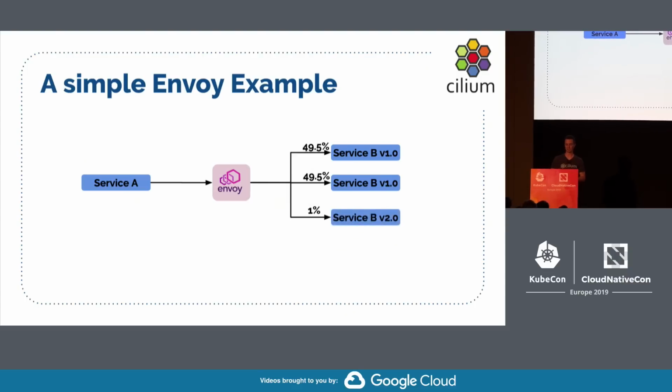You start sending 1% of the traffic to service B version 2, making sure that all the connections, all the requests from one particular user from one session, are all going to version 2, and then slowly ramping up the percentage of the traffic that is going to version 2 of the service. This is a typical example of what you can use Envoy for. And this is also the mode that we use for our chaos testing later on.